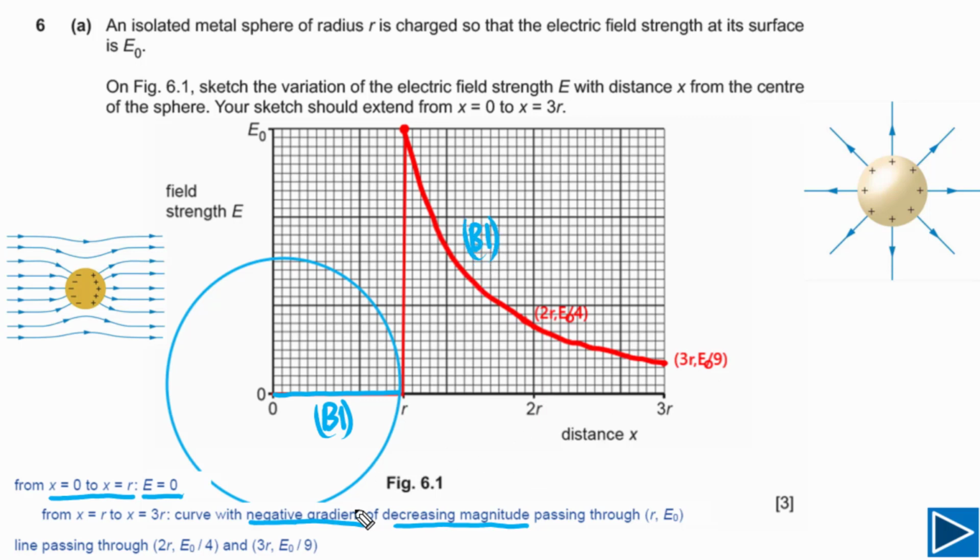The third mark you will get if you have shown that at a distance of 2r the electric field is E naught by 4, and that at a distance of 3r the electric field is E naught by 9. Then you will get the third B mark. So this is how marks are distributed for this question.